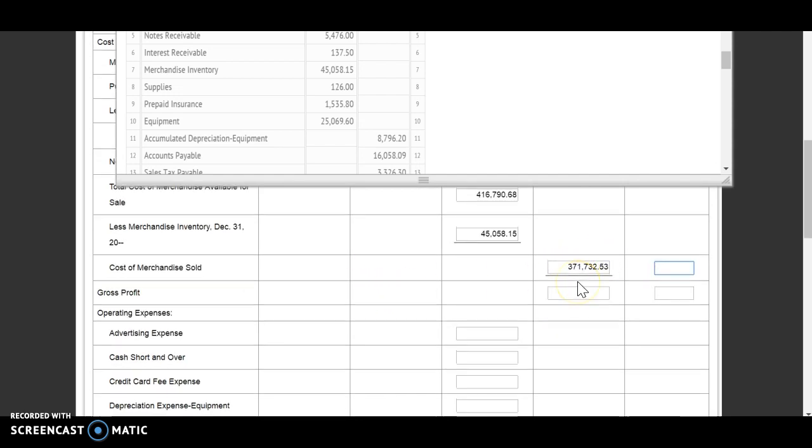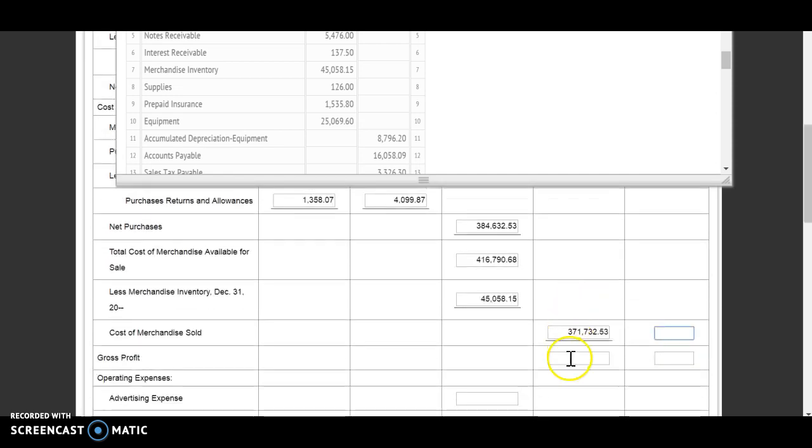I'm going to subtract those two numbers to figure out what my gross profit is. My gross profit is $211,017.62.